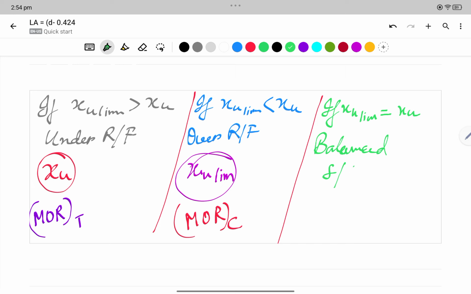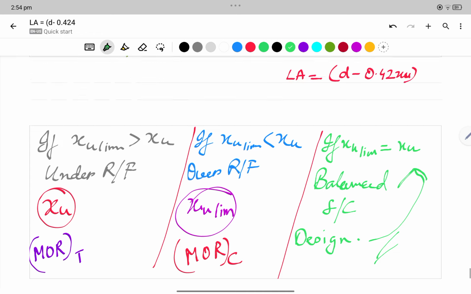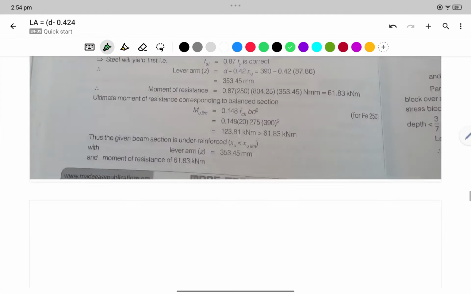While we design a beam, we will not take it as under reinforced or over reinforced. We will take it as a balanced section while we design a beam. Okay, so now let's check.